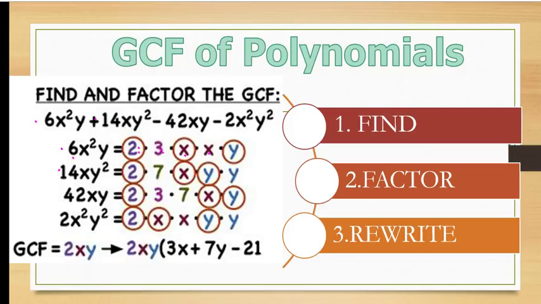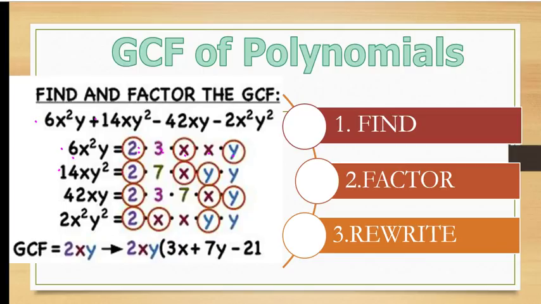X times x gives us x squared. And then we have the y. Then we'll look at 14xy squared: 2 times 7, x times y times y. 2 times 3 times 7 we'll get 42, and then we have x times y. 2 times x times x times y times y.